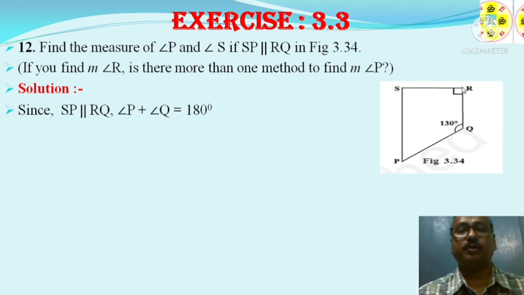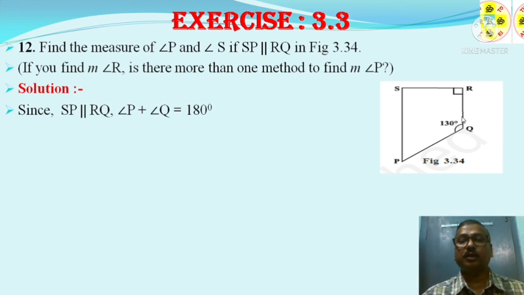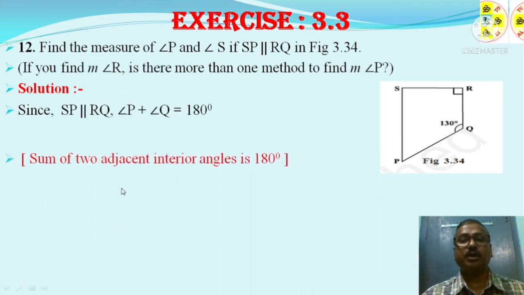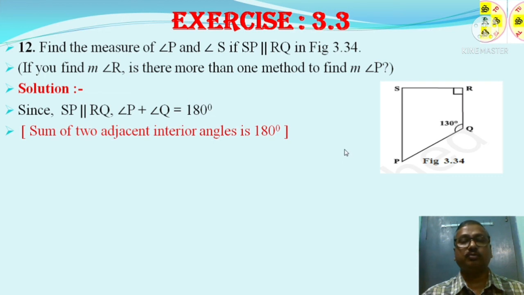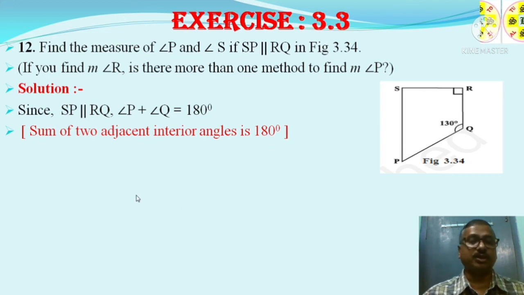SP is parallel to RQ, therefore angle P plus angle Q equals 180 degrees. Q is already given. The sum of two adjacent angles is 180 degrees, that is, co-interior angles are supplementary.